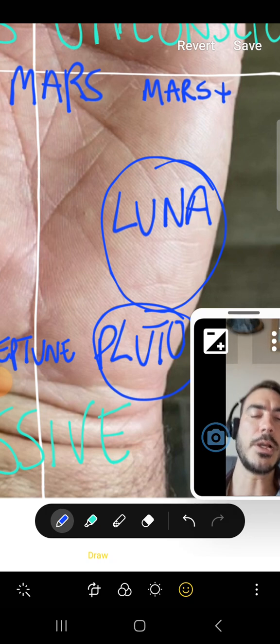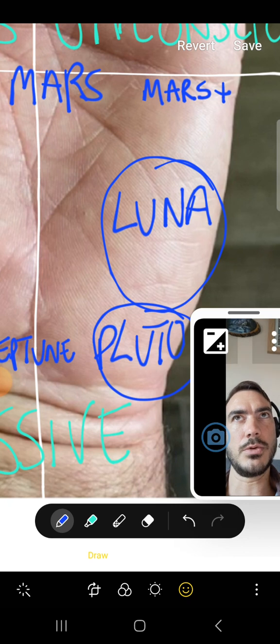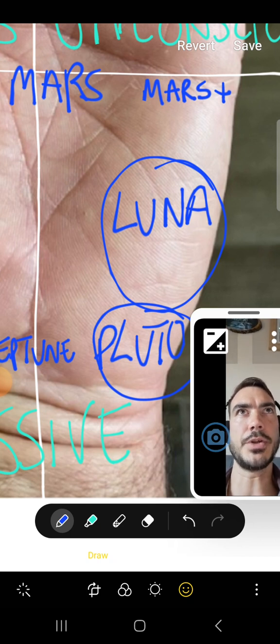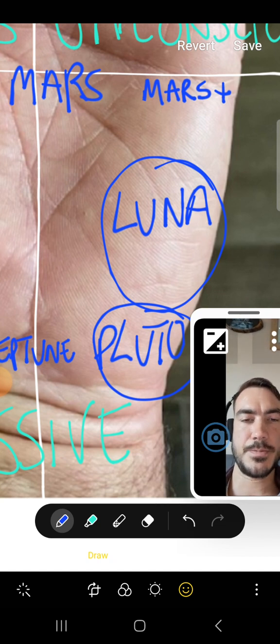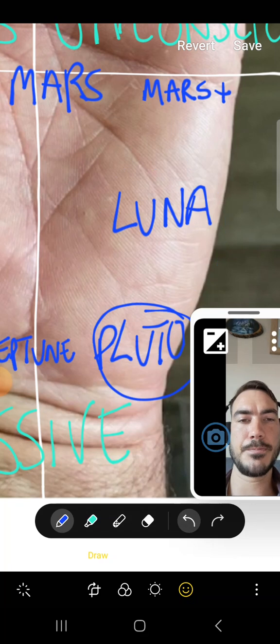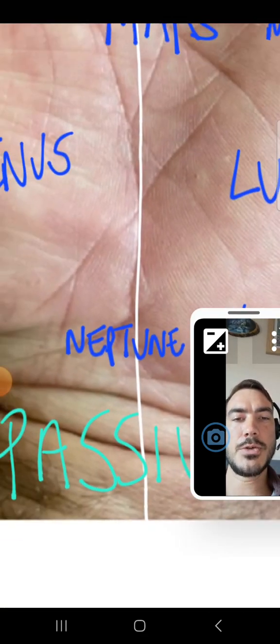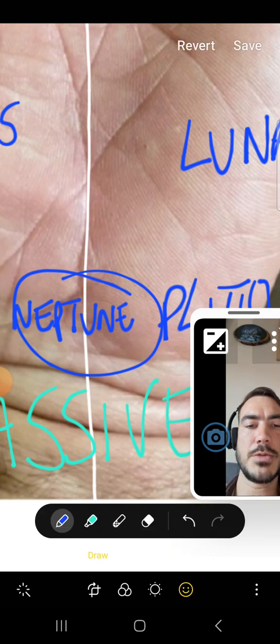So someone with a very developed Pluto mount has access to deeper memories, a richer imagination, and an ability to create utilizing these. It could even be someone who has an ability to draw on experiences from ancestors' memories or past life memories, theoretically.